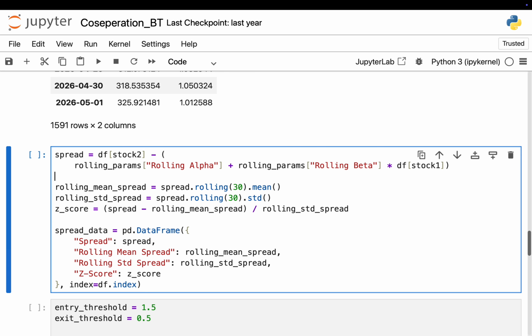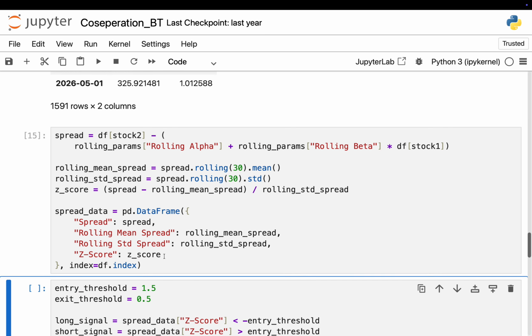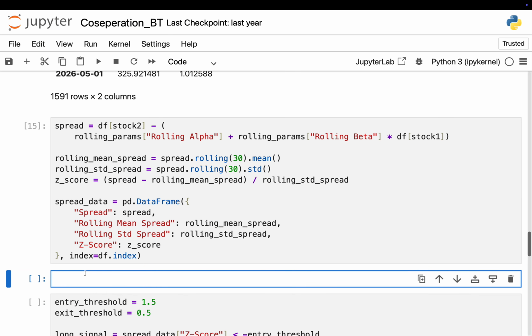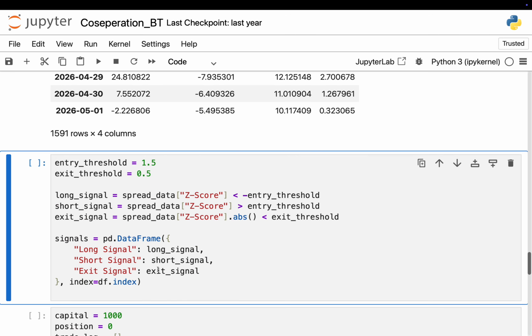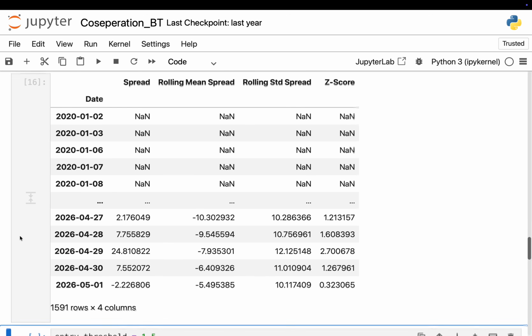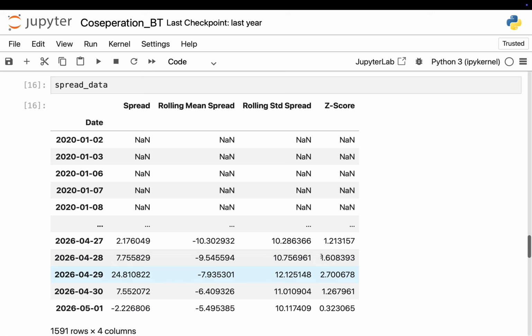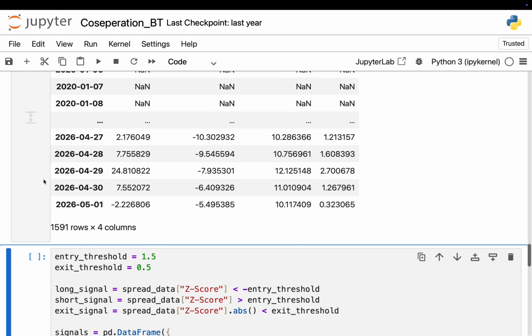A z-score of +2 means the spread is 2 standard deviations above its recent average. Stock 2 expensive relative to stock 1, expected to revert down. A z-score of -2 means stock 2 cheap, expected to revert up. That mean reversion is the entire bet.